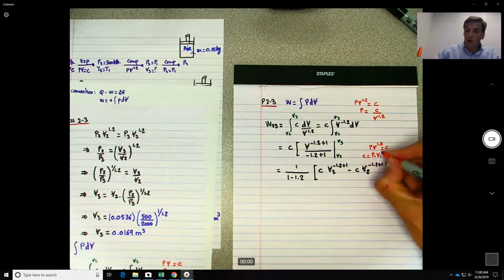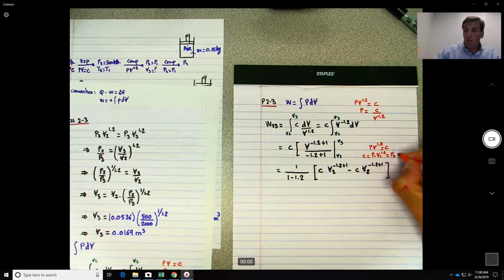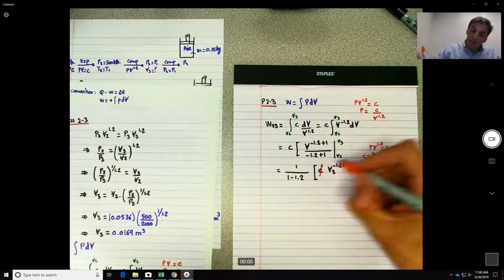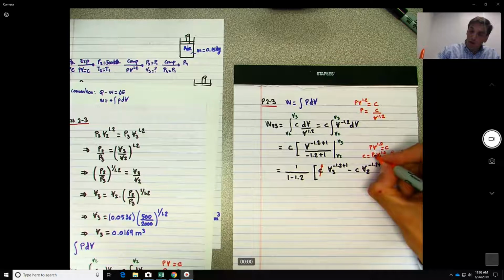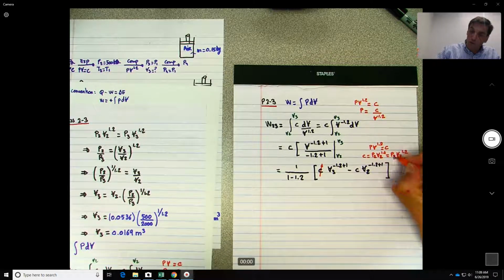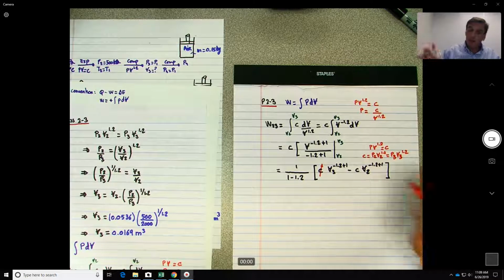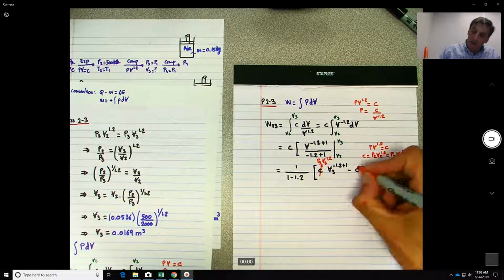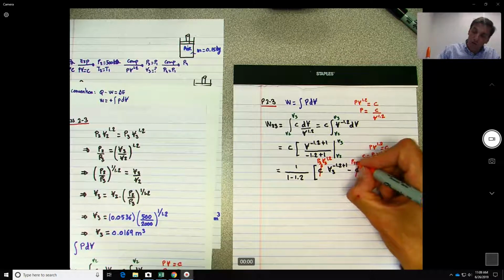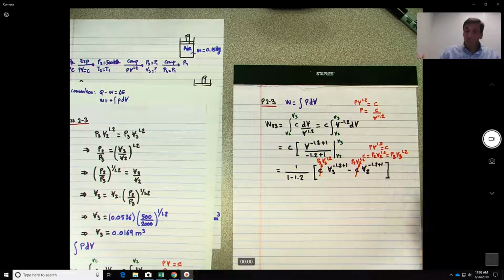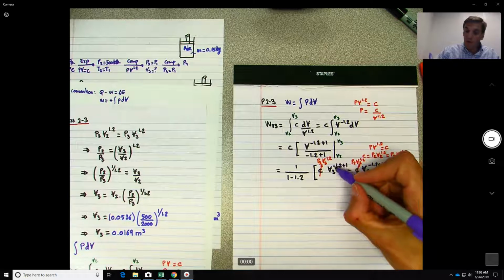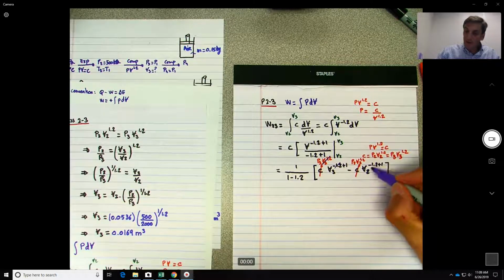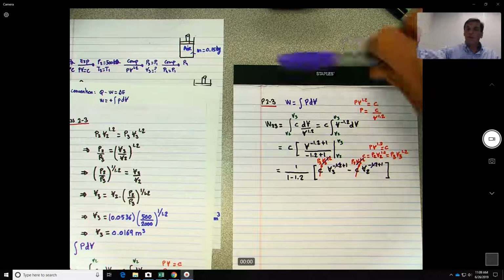P1 V1^1.2 or P2 V2^1.2. So here, for 2 and 3, we can take P3 V3^1.2 and this one to be equal to P2 V2^1.2. So you do this, and you can see that this term will cancel with this term.